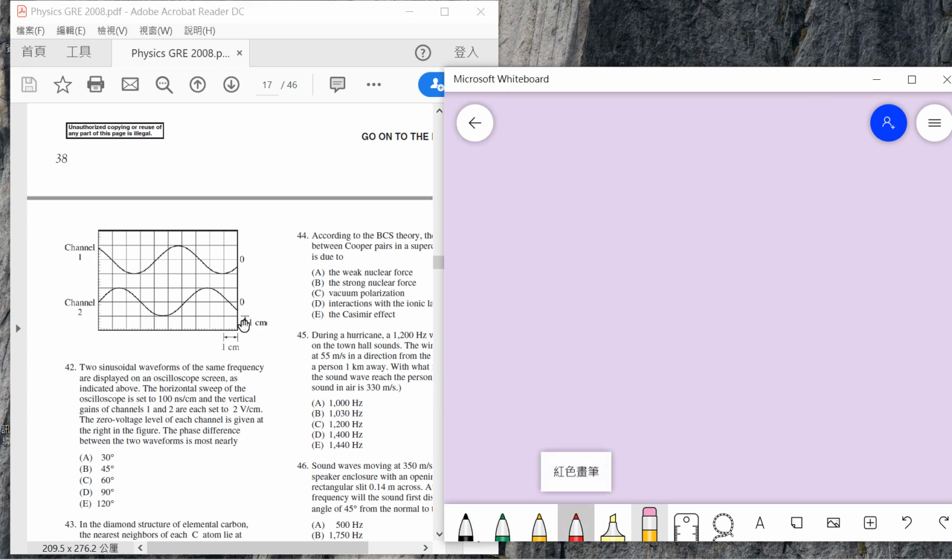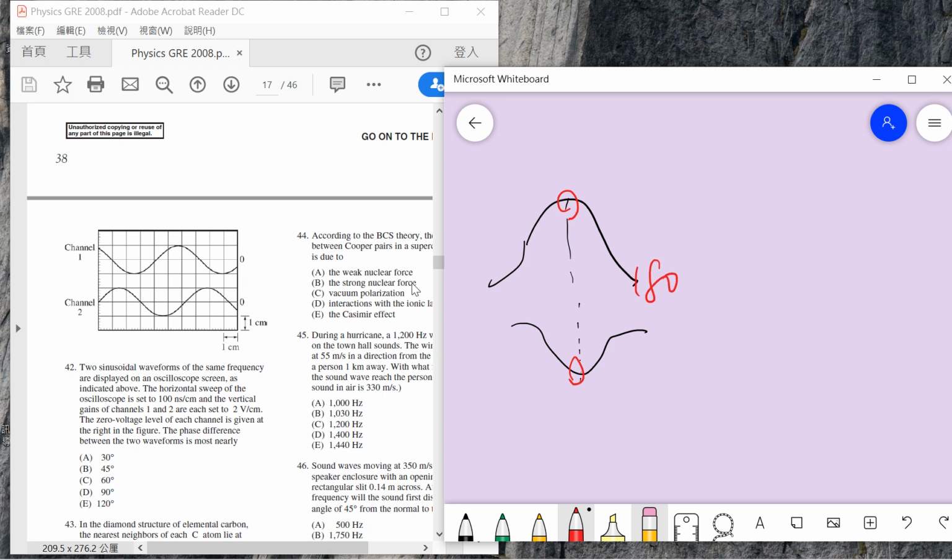Actually it's not difficult, because this is a single-choice question. If the peak corresponds to the bottom of the other wave, then it is 180 degrees. If the peak corresponds to the peak, that is 0 degrees. The peak is not directly mapped, so the answer should be between 0 and 180.